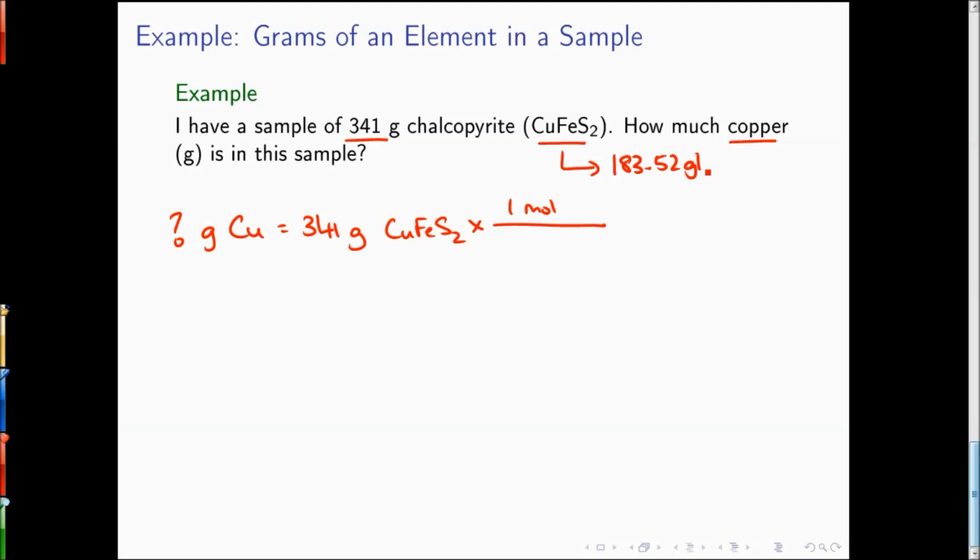The molar mass of this is 183.52 grams per mole. So there's 183.52 grams of CuFeS2 for every mole of CuFeS2.